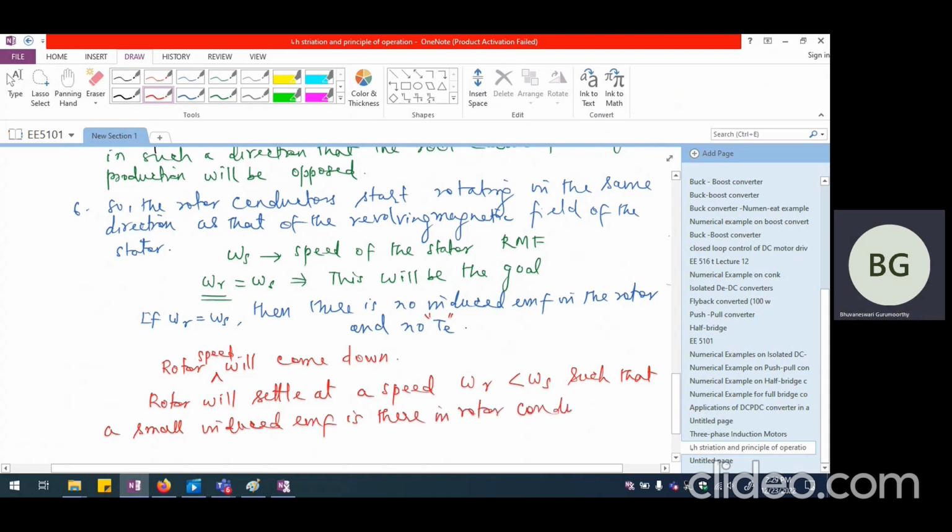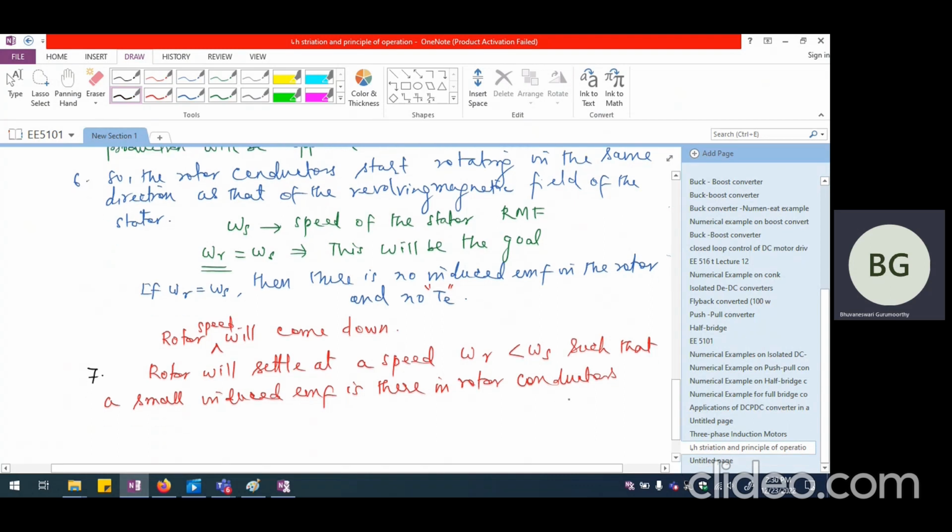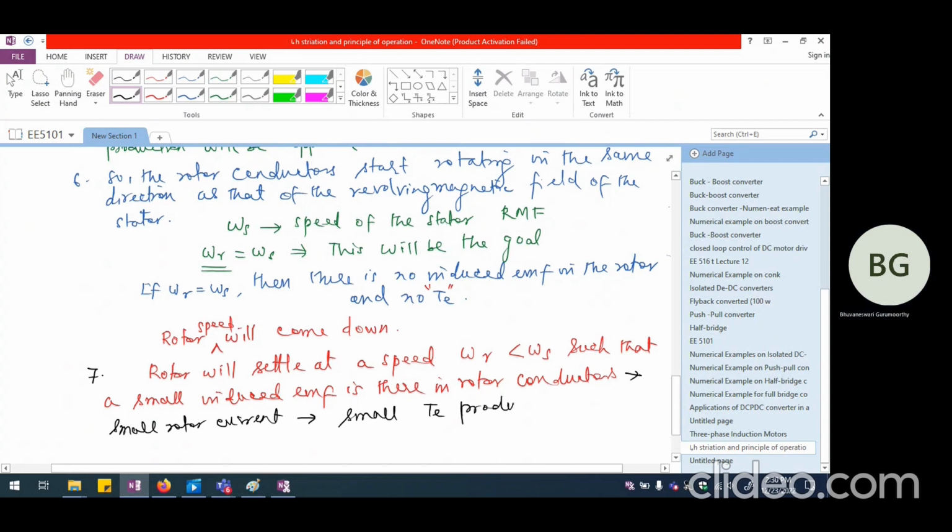So we are going to have a small induced EMF in the rotor conductor if omega r and omega s are different by only a very, very small revolutions per minute or radians per second. So there will be a small rotor current and small amount of TE or torque produced. So this will be good enough to sustain the rotation against any friction that may be seen because of the coupling between the shaft and the motor's rotor itself.